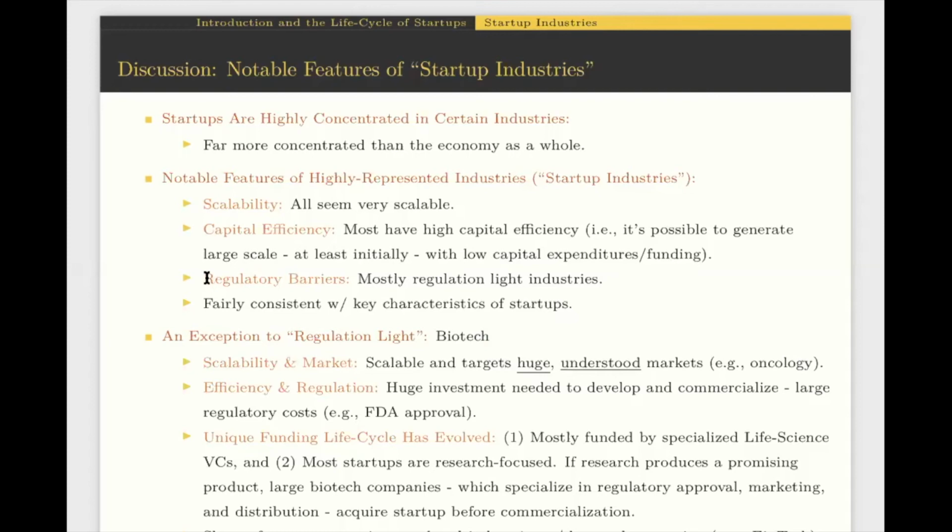Another thing that we've historically seen is that most of the industries that startups come from tend to have limited regulatory barriers. So they tend to be regulation-light industries. Now, one major exception to the regulation-light characteristic is biotech.